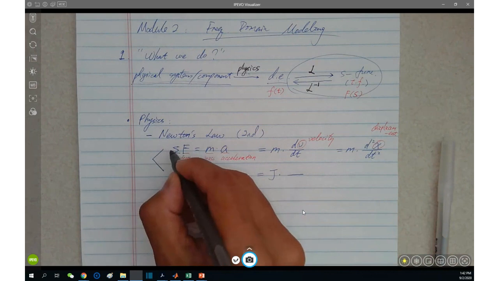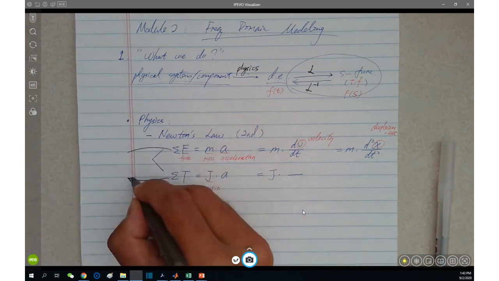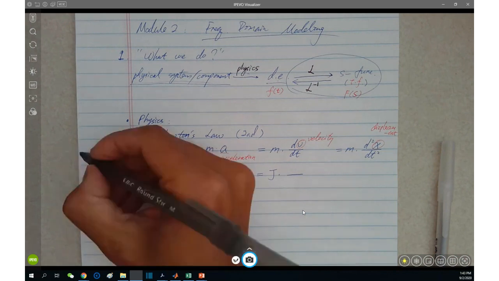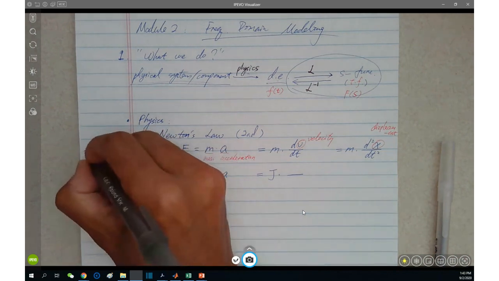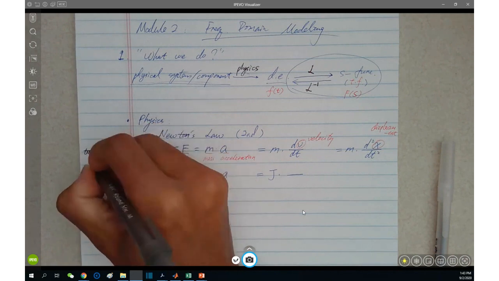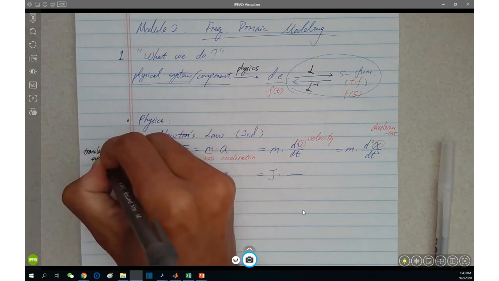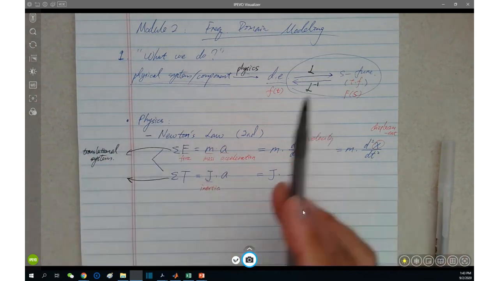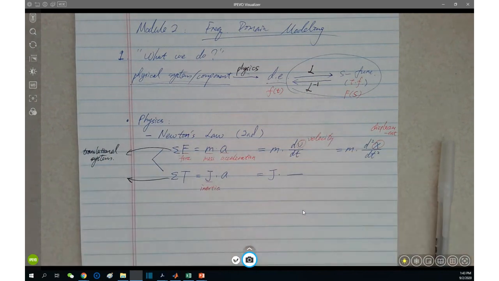What's the difference between these two systems? The first version of the equation is describing what kind of system? Linear versus angular. Very good. We call it translational, which is basically linearly moving.